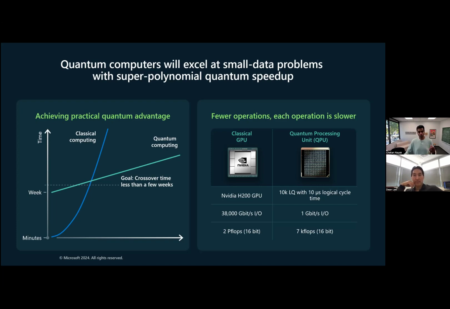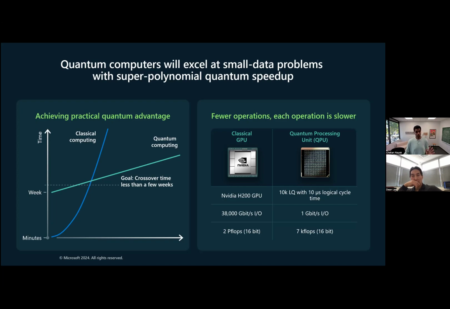So what we want is those problems for which that crossover time is less than a few weeks, okay? Because we don't really want to do computations where the answer takes longer than a few weeks to get, okay?